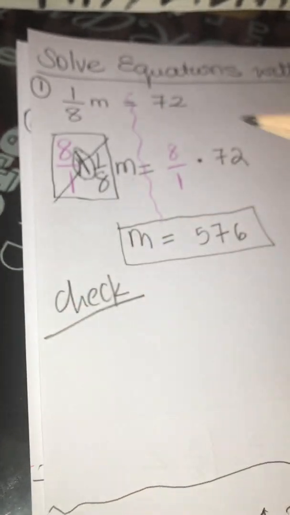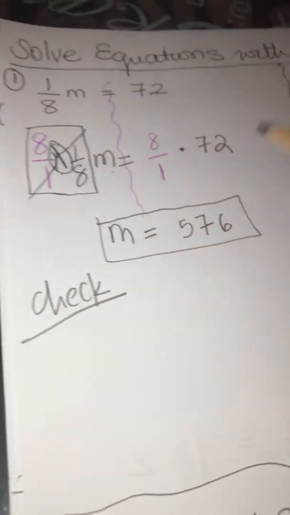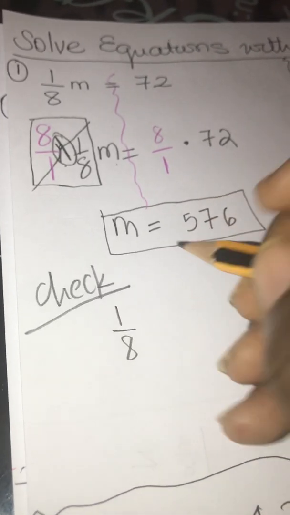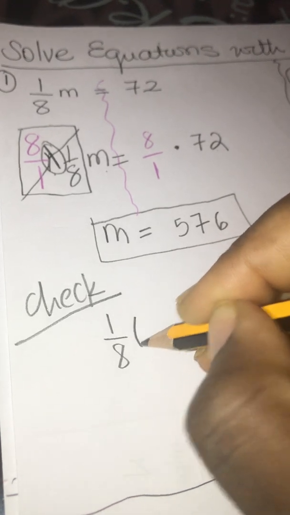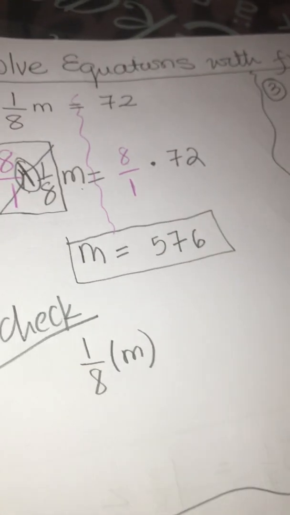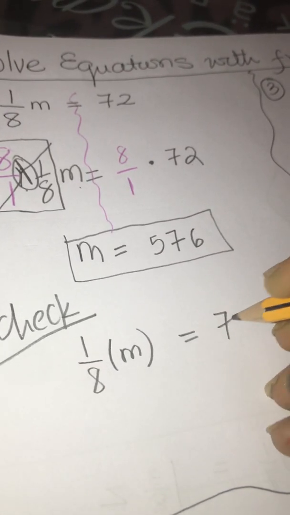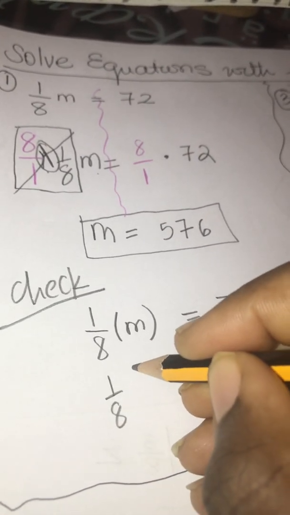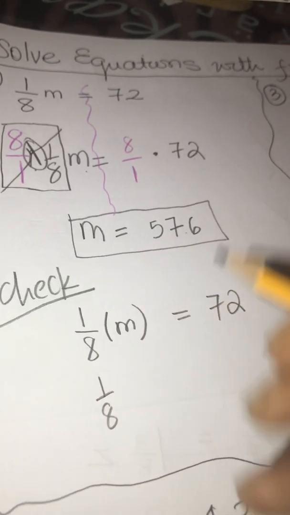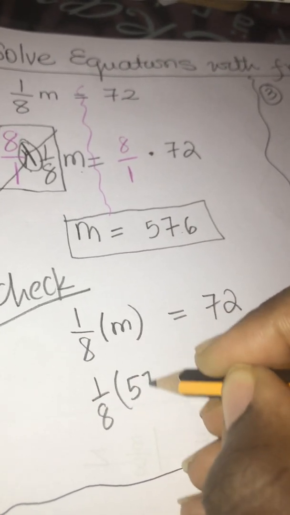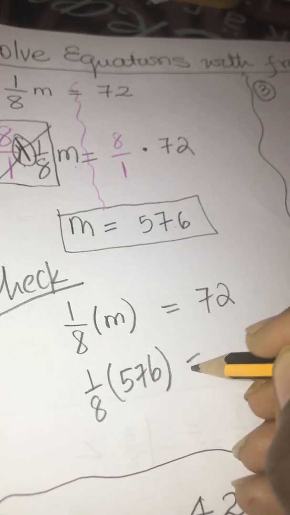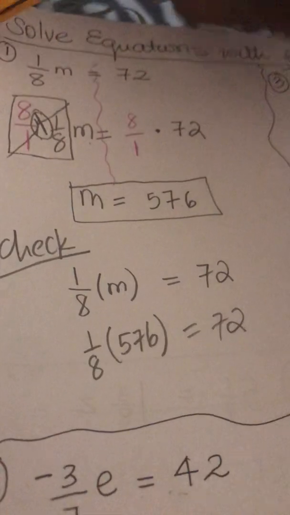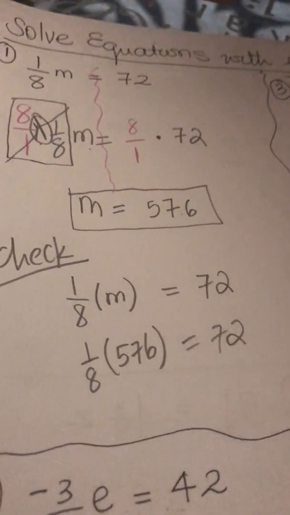Then you must check. Remember, we did this in grade 7. Whenever you're solving an equation, you must check. So when checking, you write your question, 1/8, and your variable, you put it in the bracket, equals 72. And then you do 1/8. What is m? I know m from here, 576 equals 72. Okay? And then I can check with my calculator.